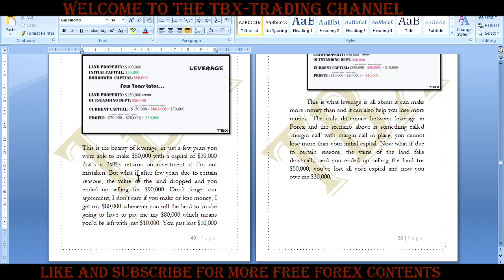But what if it happens the other way around? If a few years later you ended up selling the land at $90,000. Don't forget our deal. I don't really care if you lose money or not.